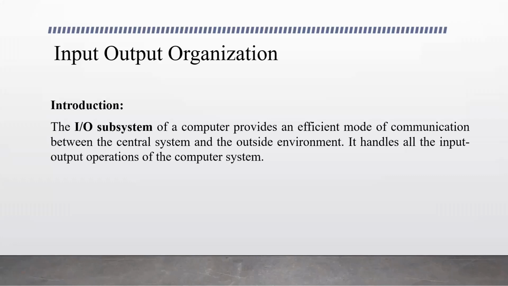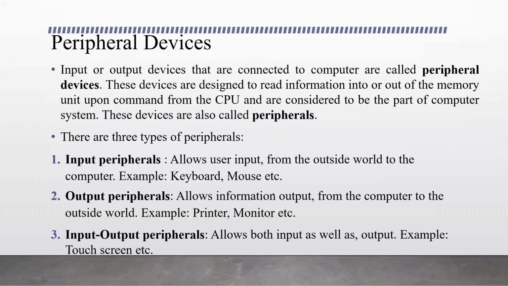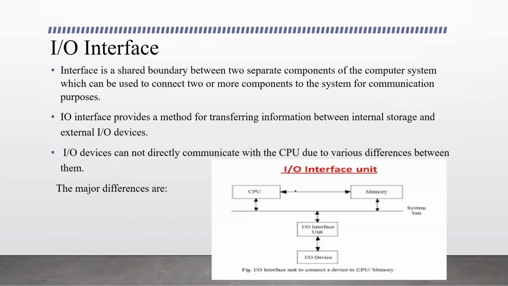These devices are different from the internal components like the processor and memory, so to connect them to the computer, we need an interface. The I/O subsystem includes the peripherals, all the I/O devices, and the interface that connects them to the computer. We have seen the peripherals: input peripherals, output peripherals, and input-output peripherals. Then the I/O interface is the boundary between the internal and I/O components.